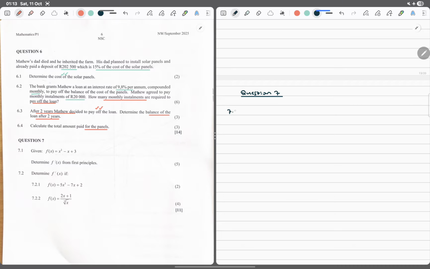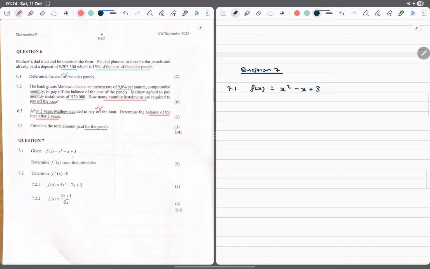Right, so 7.1, we are given f of x is x squared minus x plus 3. We need to find the first derivative using the first principles. We know that f prime of x is the limit as h tends to 0 of f of x plus h minus f of x all divided by h.